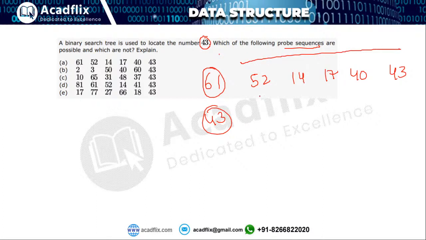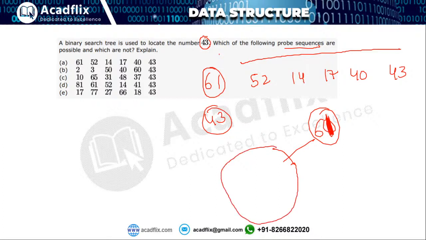Why? Once I have come across 61, since 43 is less than 61, it will be lying in its left subtree only. So all the nodes after 61 should be less than 43, which is the case. So my test is passed for this node. I'll do this test on all the nodes.